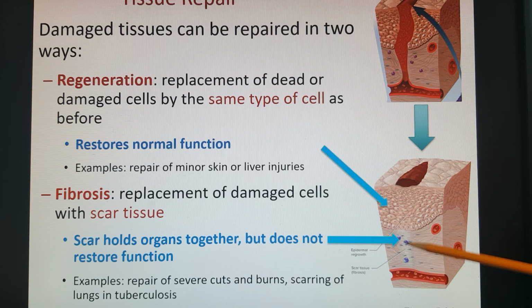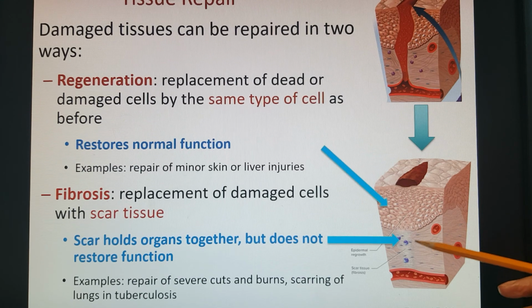Down here in our dermal tissue layer, our connective tissue below our epithelial tissue in the skin, the tissue repair is through fibrosis. Instead of having cells replace it, new fibrous proteins are created in that space to fill in the gap.